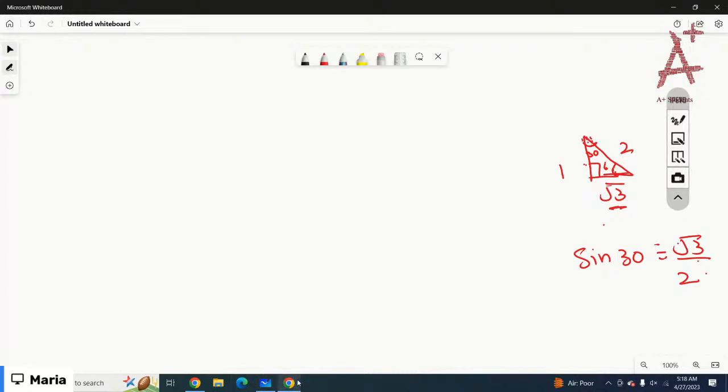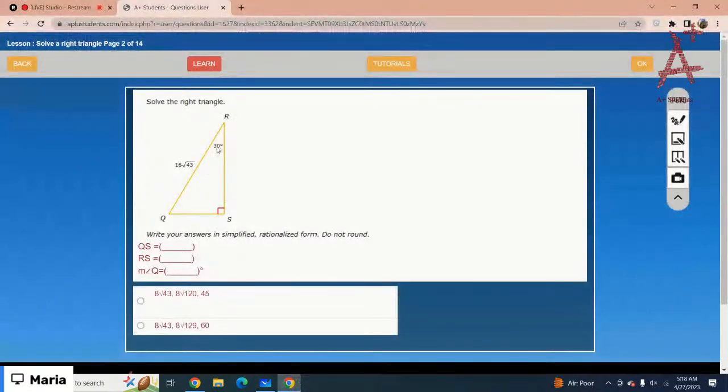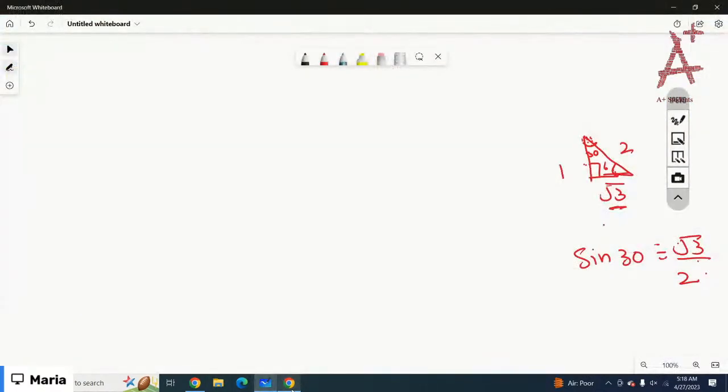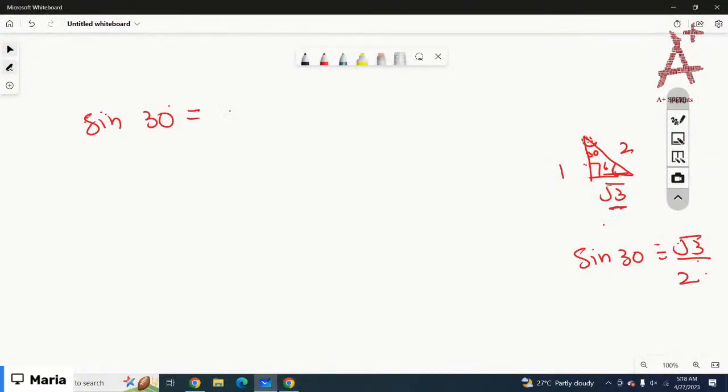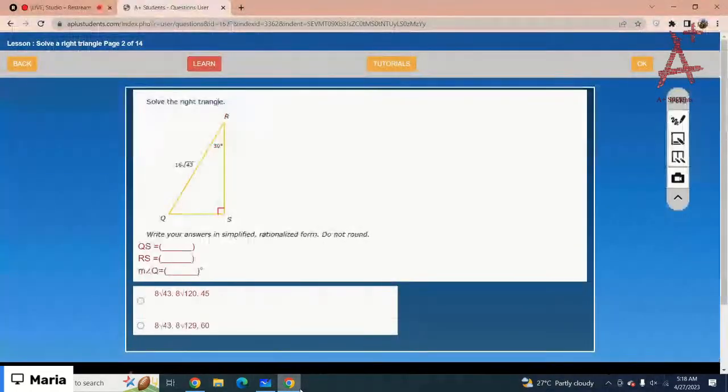For the given triangle, sine 30 is perpendicular QS over hypotenuse 16 square root 43. So sine 30 equals QS divided by 16 square root 43.